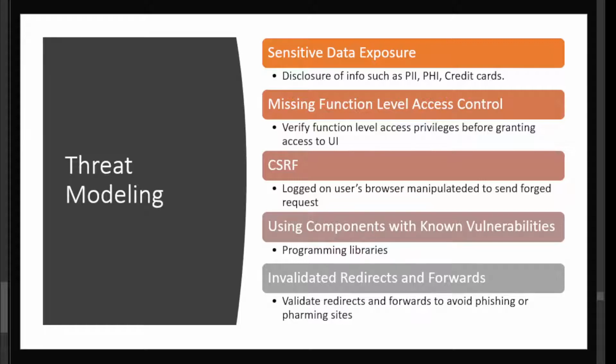Using components with known vulnerabilities. Programming libraries are bad about this because lots of developers use the same code. It's able to be viewed by a lot of people, and there are a lot of vulnerabilities existing within the code and several different applications because that code is copied and used somewhere else. Unvalidated redirects and forwards: validate redirects and forwards to avoid phishing and pharming sites.